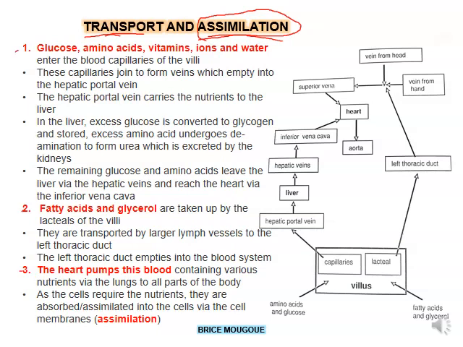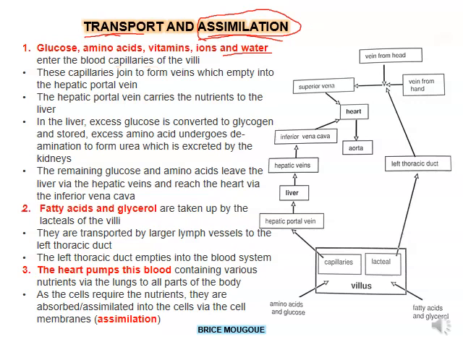The first part of it involves glucose, amino acids, vitamins, ions, and water. How are they transported and assimilated? From the mucosa of the small intestine, these substances enter the blood capillaries of the villi. We've seen that. Only fat so far was going into the lacteal, as far as we've covered.